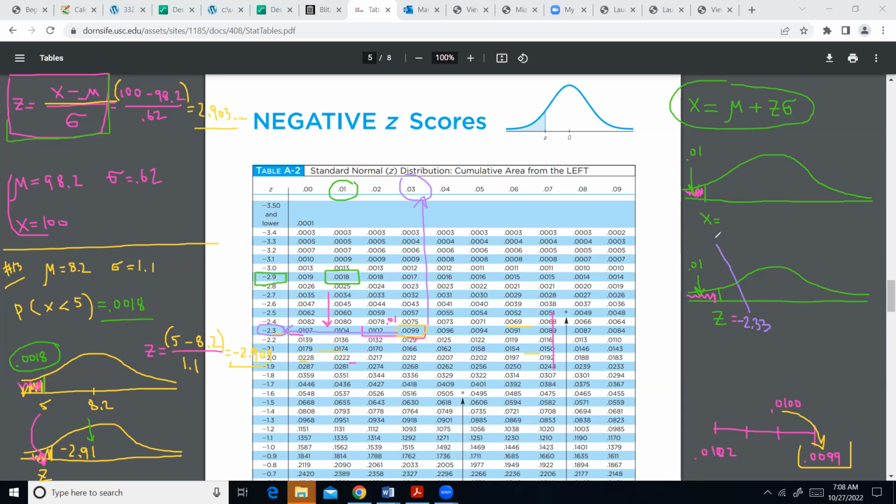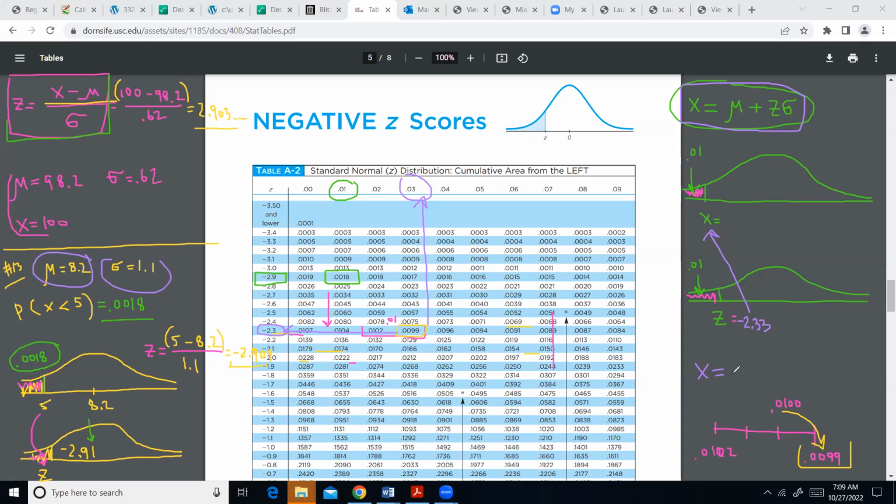And this will bring us to the corresponding X, and what will actually bring us there is the formula here on the top. So I need to go with X equals mean. Notice that's still the same exact information from the previous exercise. So here's the mean, here's the standard deviation.